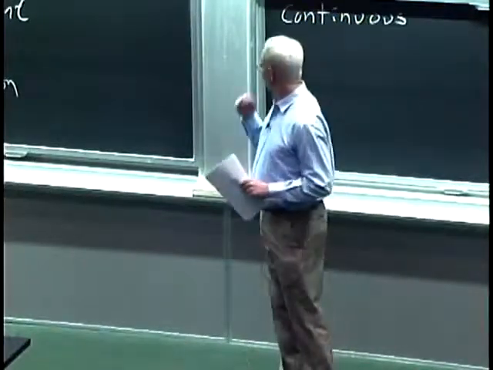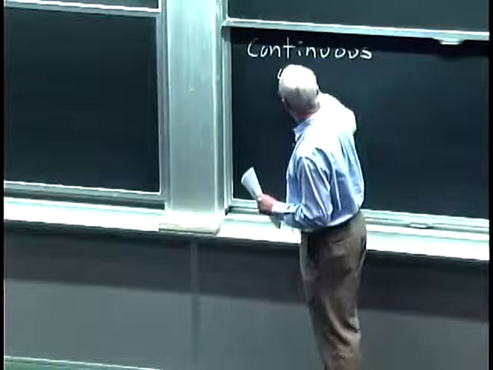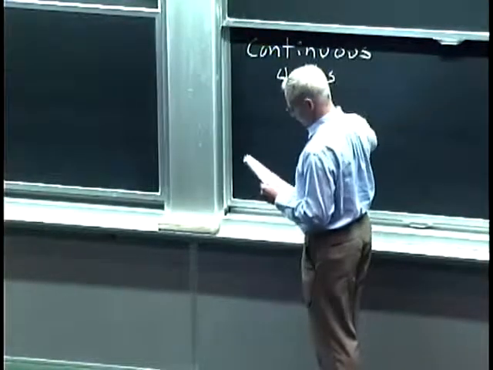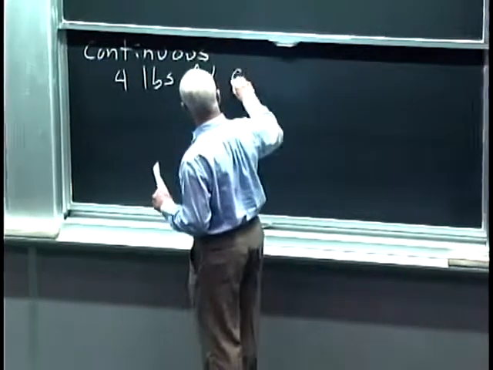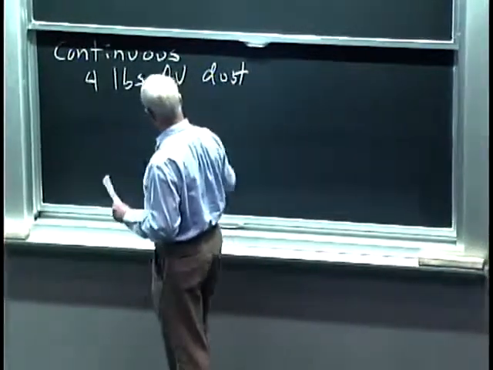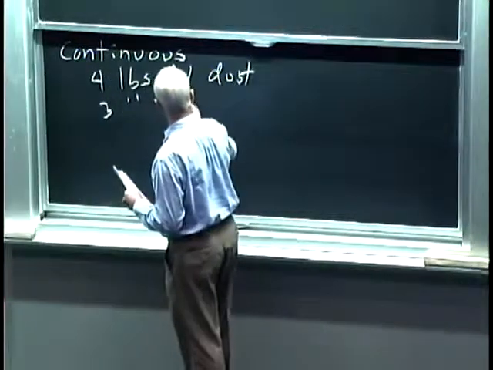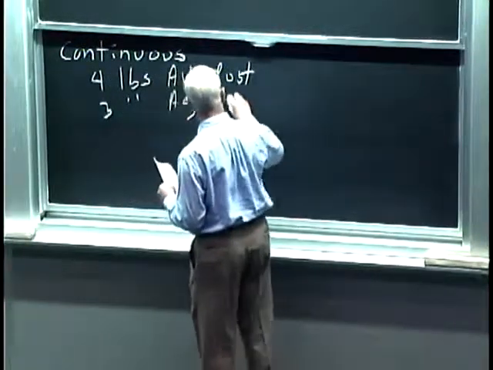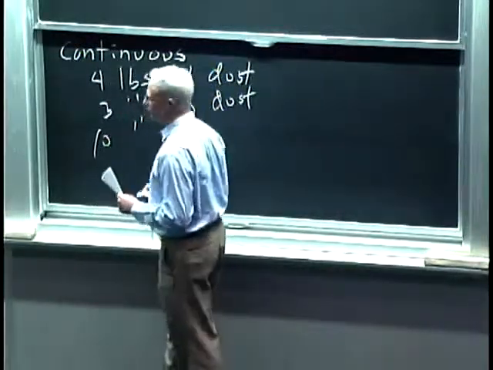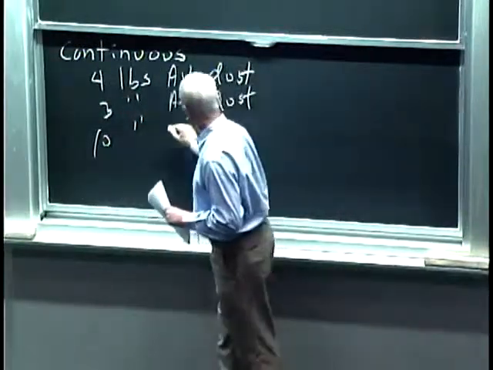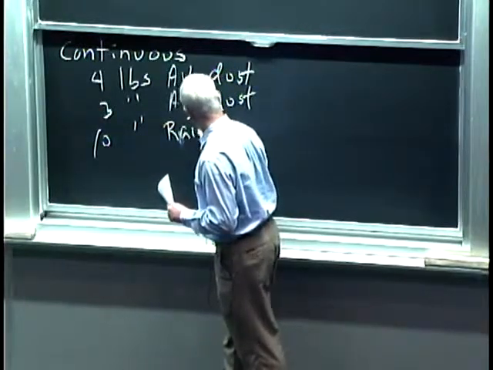Well, let's assume in a continuous world, what you do is you walk into the house and you see something like 4 pounds of gold dust. And you see 3 pounds of silver dust. And maybe 10 pounds of raisins, and I don't actually know the periodic table entry for raisins, so I'll have to write it out.